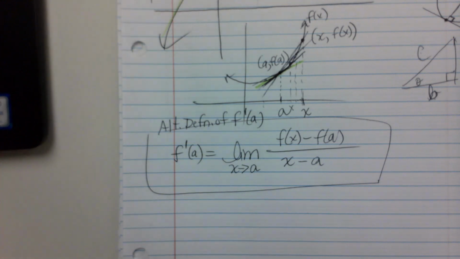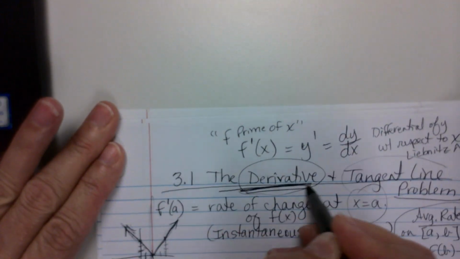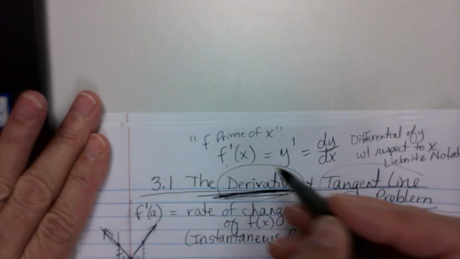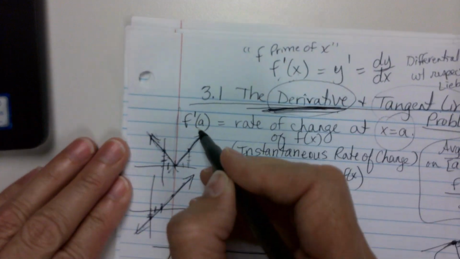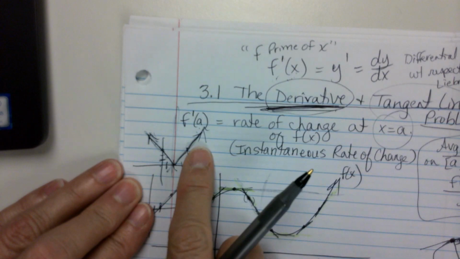Like, what does f prime specifically mean? The derivative of f with respect to x, actually. But in this case, when I say f prime of A, the x value is what?